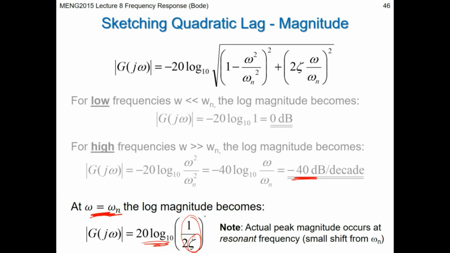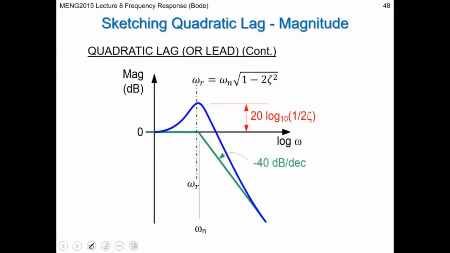It's a small shift away, but this shows mathematically we're getting a potential peak. And our peak is going to be 20 log 10, 1 upon 2 zeta. And the actual resonant frequency it occurs at is omega n root 1 minus 2 zeta squared.